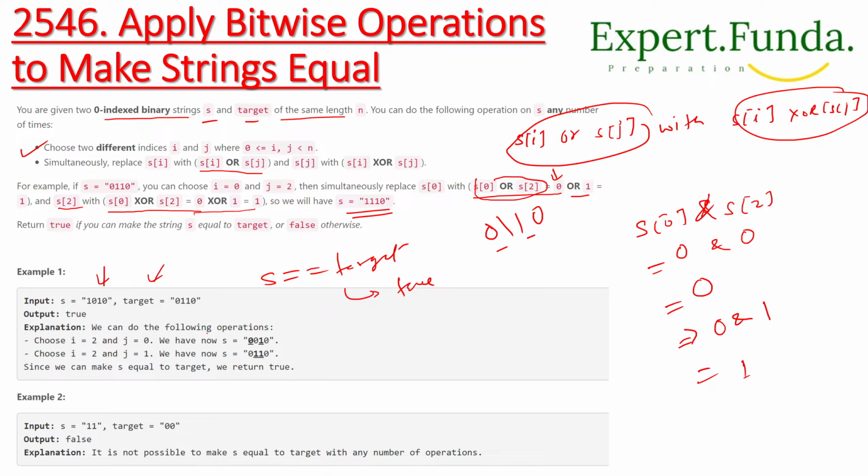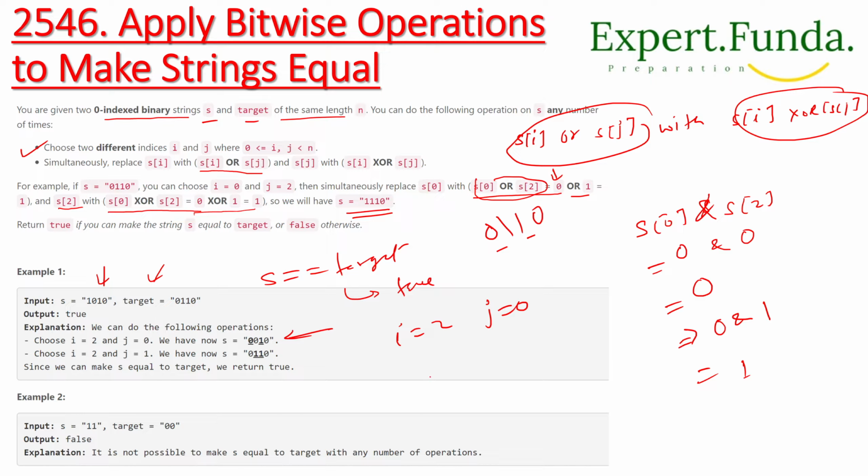Let's choose this example and consider it. First s is given, and we apply the operation on it. We choose i equal to 2 and j equal to 0, with 1 0 1 0 given.